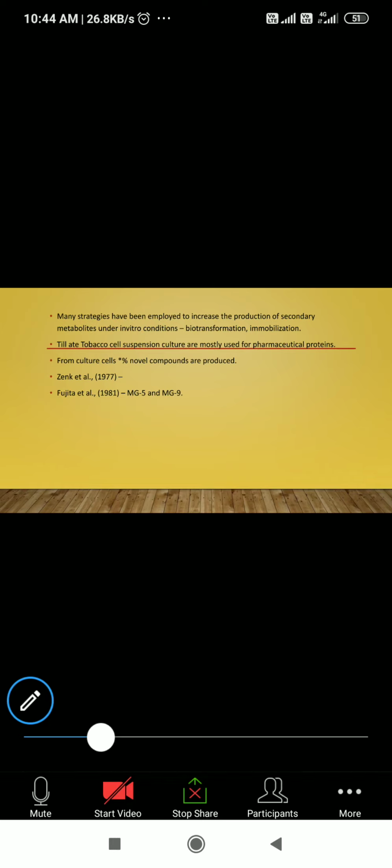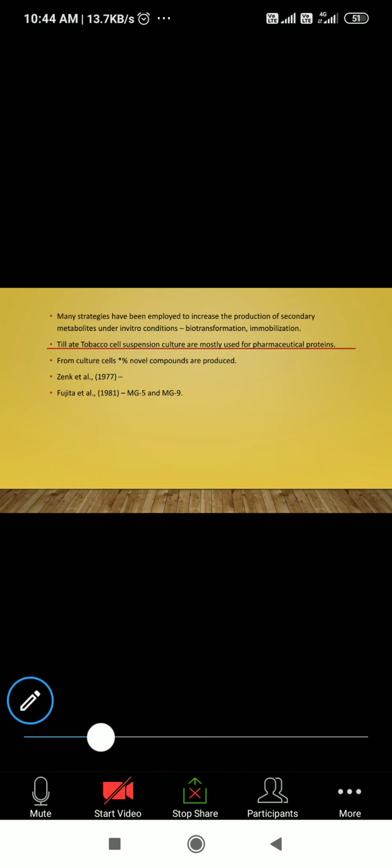So what is happening? The plant first starts its growth until it reaches the maximum of the log phase. Then these plant cells enter into the stationary phase, where they are able to produce the secondary metabolites.